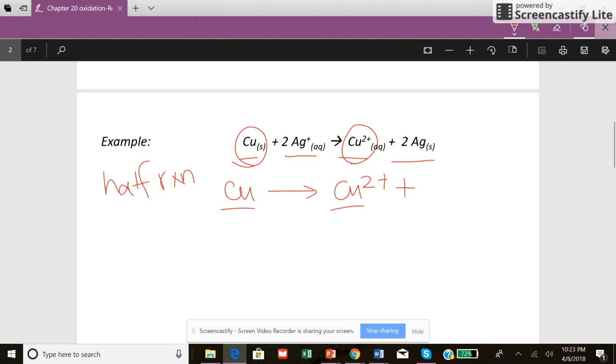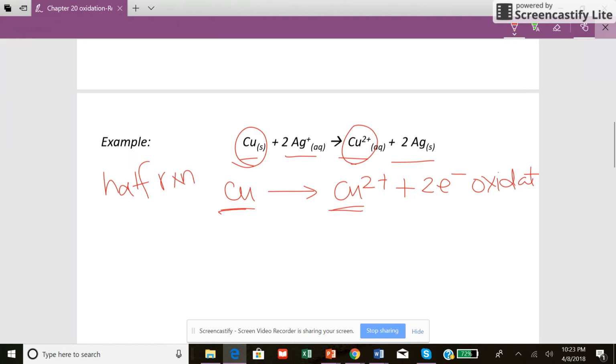In order to balance the charge, we have to add 2 electrons on this side. So this reaction gives out the electrons. This is called the oxidation reaction, because it gives out the electrons.